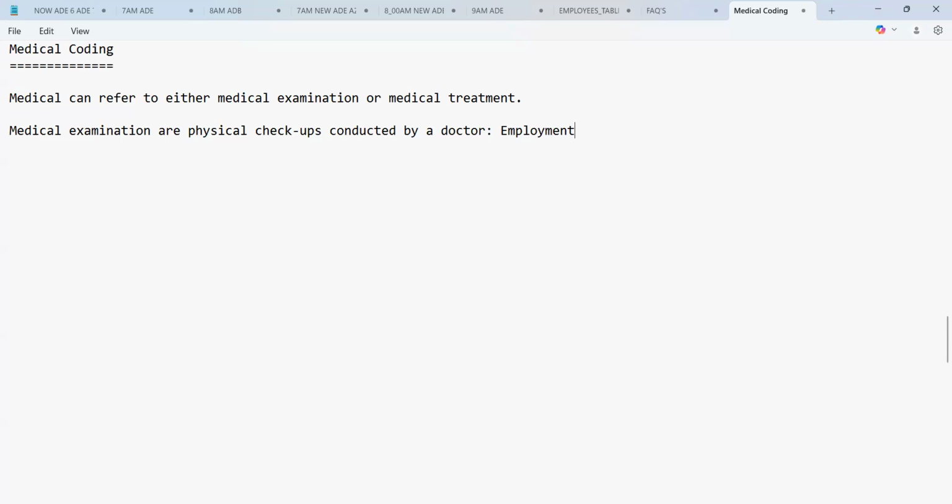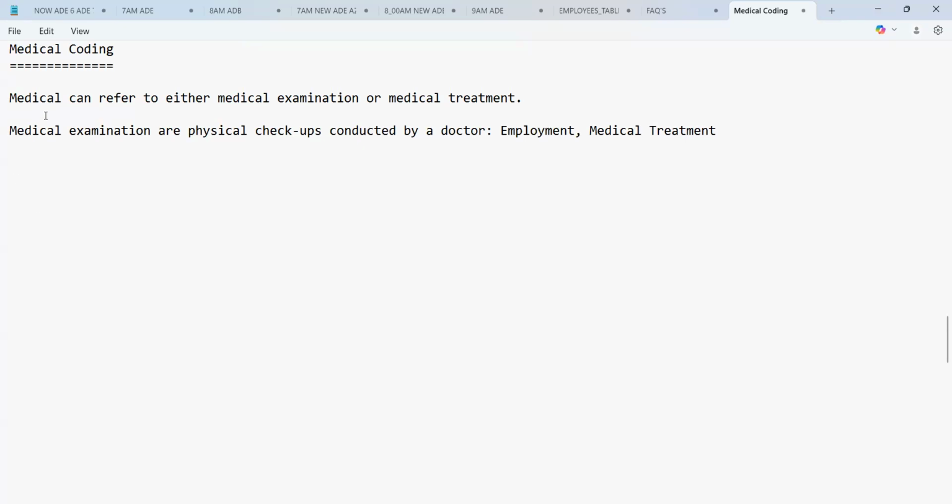Then what is the next one? And also for treatment, for the medical treatment. Okay, for employment or medical treatment.